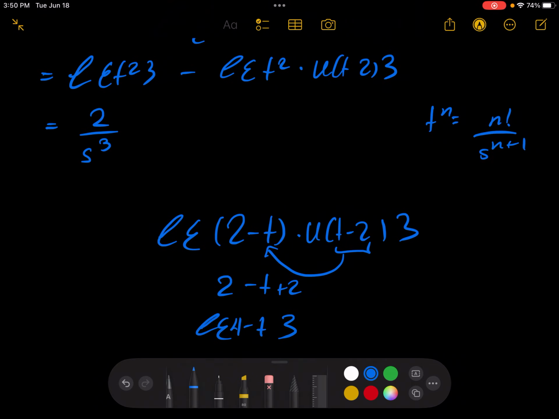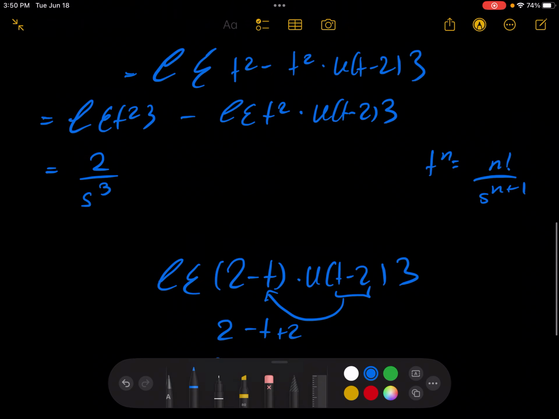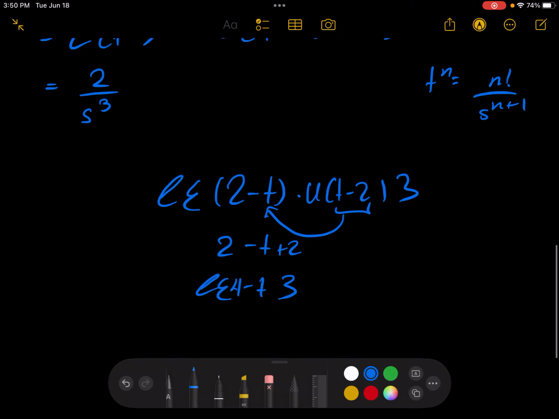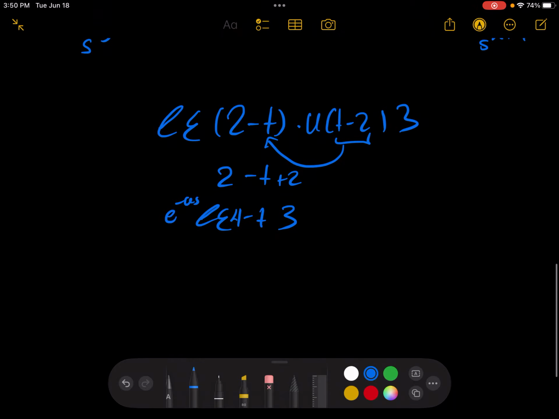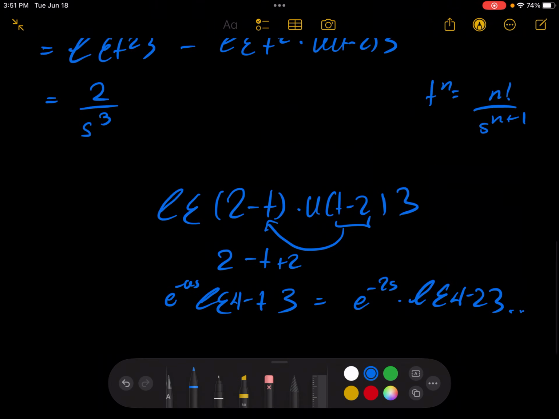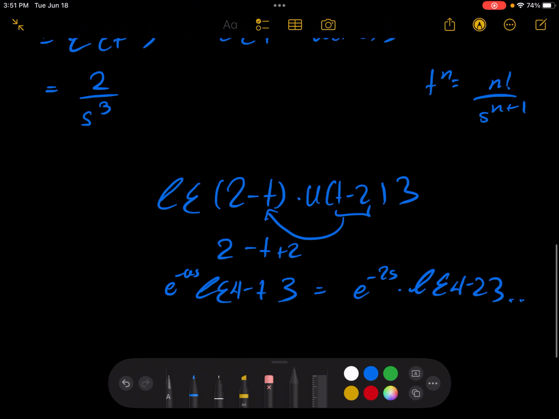So in this case, we have minus t, and so we're going to do the same thing. Of course, sorry, I forgot. You also have to bring out the e to the negative 2s. So in this case, it would be e to the negative 2s times the Laplace of 4 minus t. So you could just compute that. Oh, hold on.